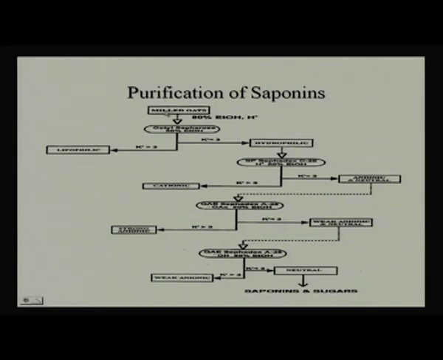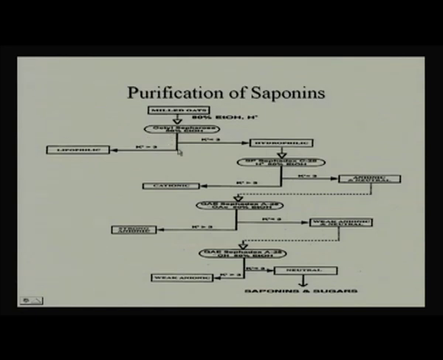Now, here you see this is the milled grain, and we take this particular compound and feed it to the octyl sucrose column, that is, hydrophobic interaction chromatography. We extract it with 50% ethanol.